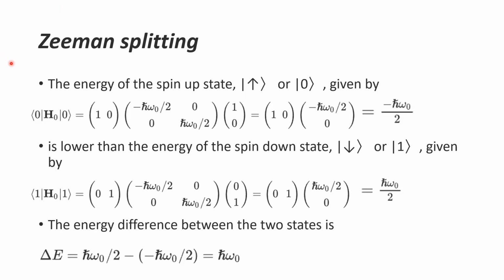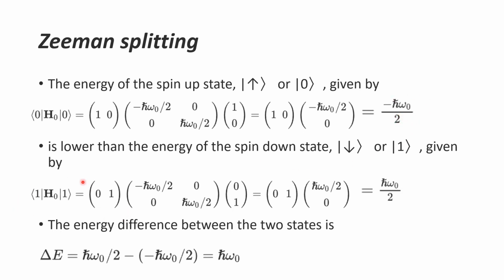Now we're going to do some math operations to see the energy difference in these two states. When we apply such an operation to the Hamiltonian operator H0, after doing all these linear algebra operations, we obtain the energy level for the zero state, which is minus h-bar, the reduced Planck's constant, multiplied by omega 0 divided by 2.